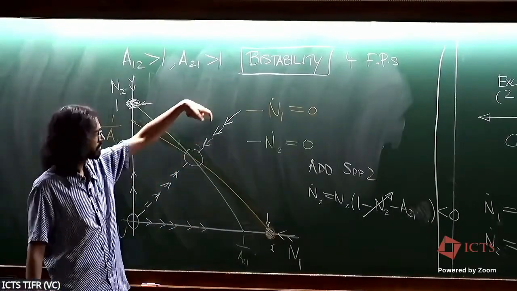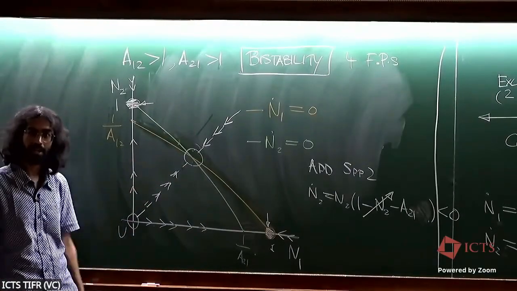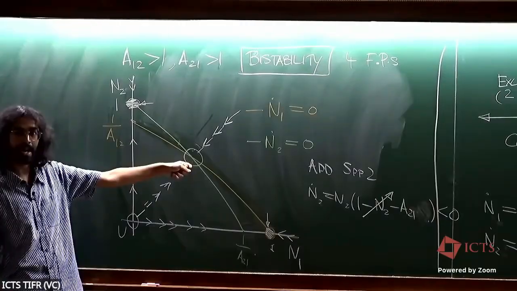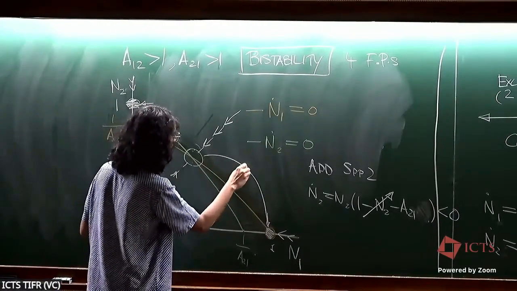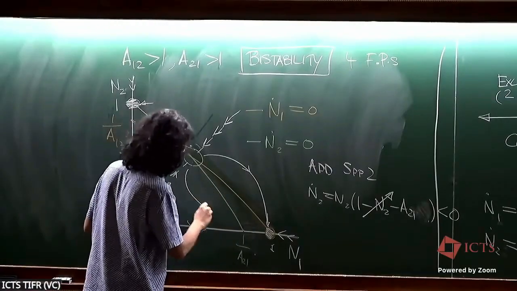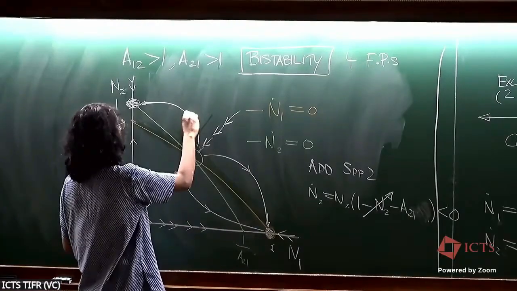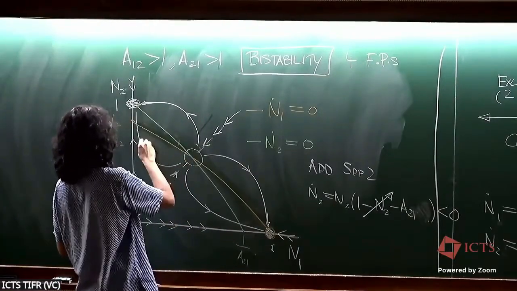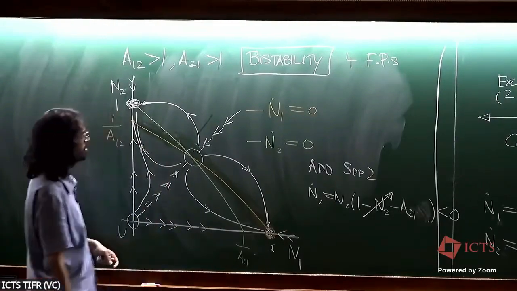Along this line joining the origin and this coexistence fixed point, you will get attracted to this fixed point. But then basically every other direction, you're going to run away. Not doing a very good job at making these flows accurately, but that's kind of what is happening.